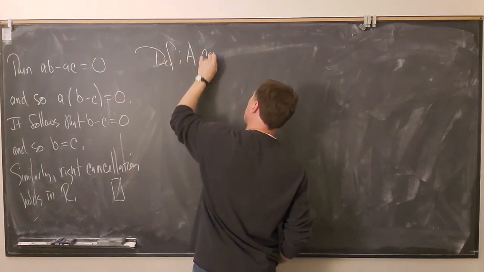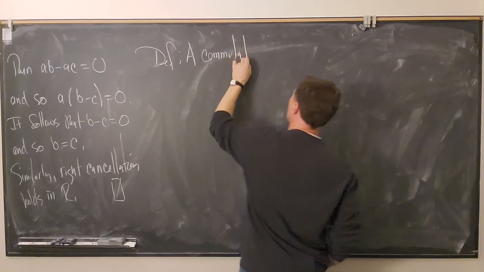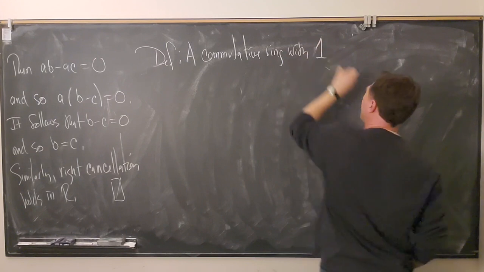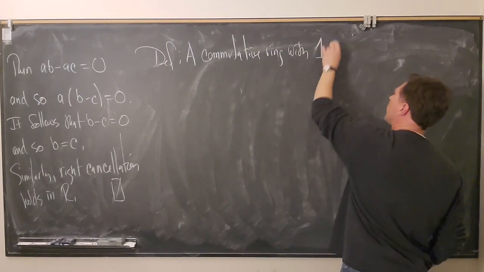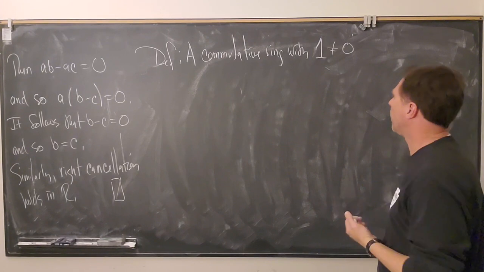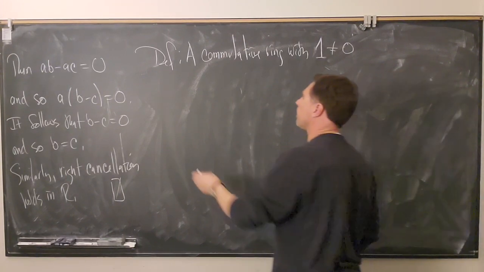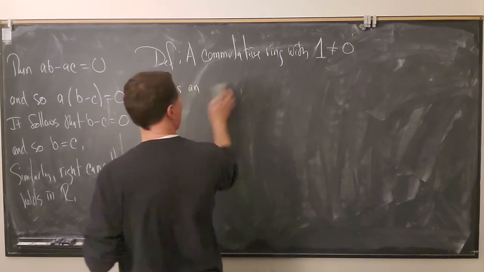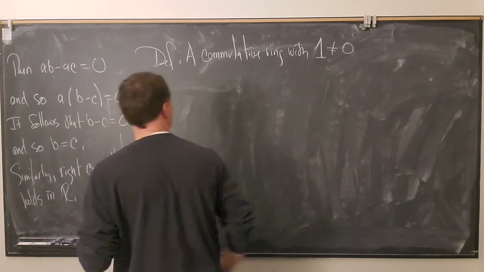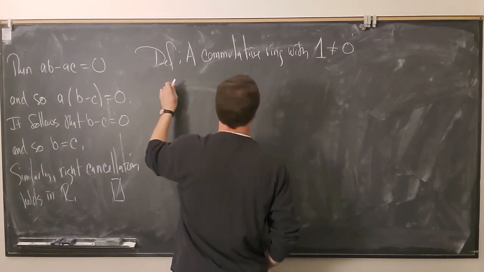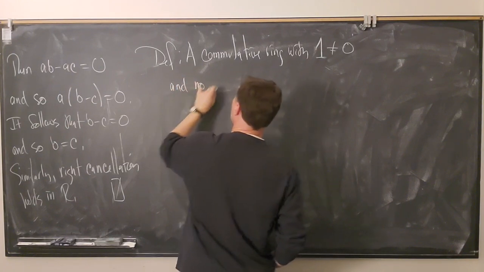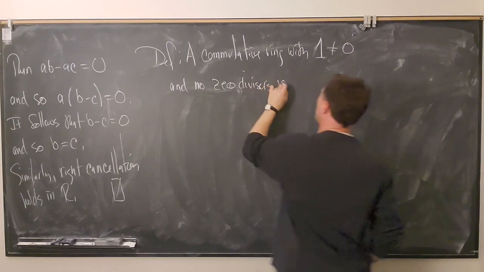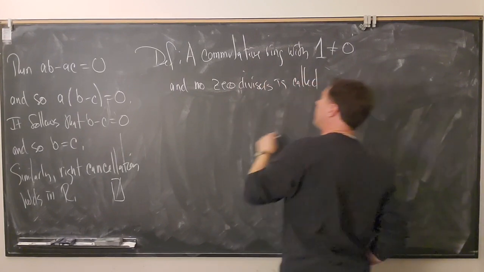A commutative ring with one, we want to have at least two elements, so a non-trivial commutative ring with unity and no zero divisors is called an integral domain.